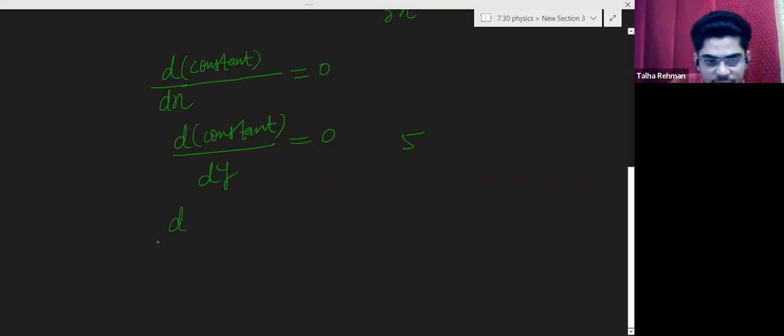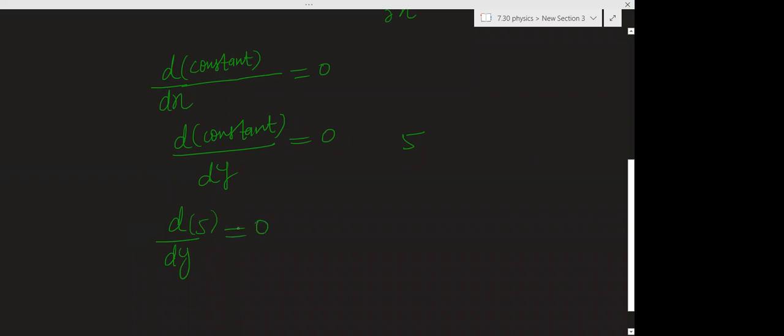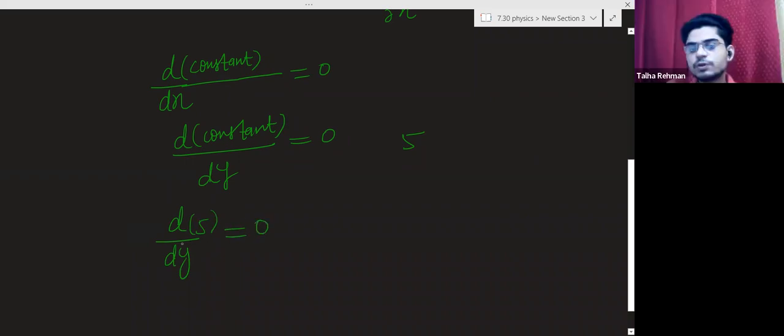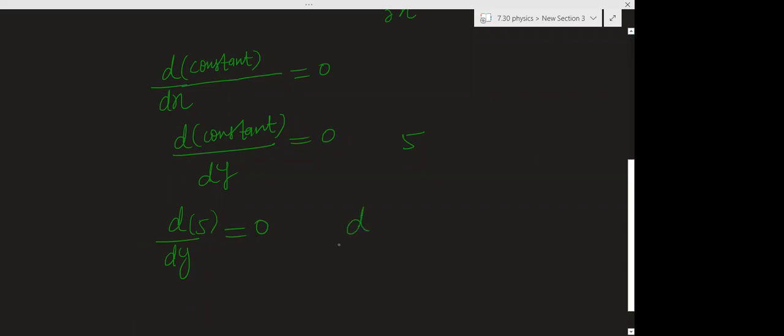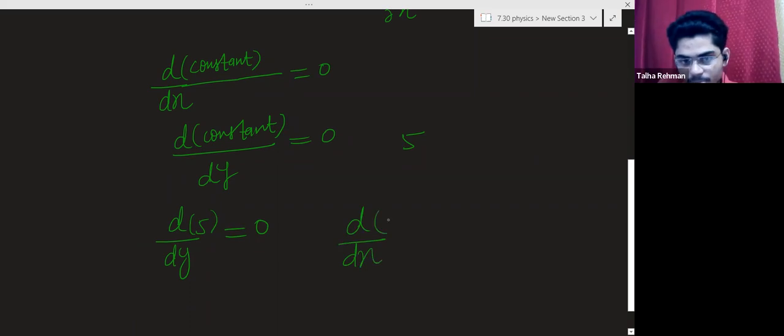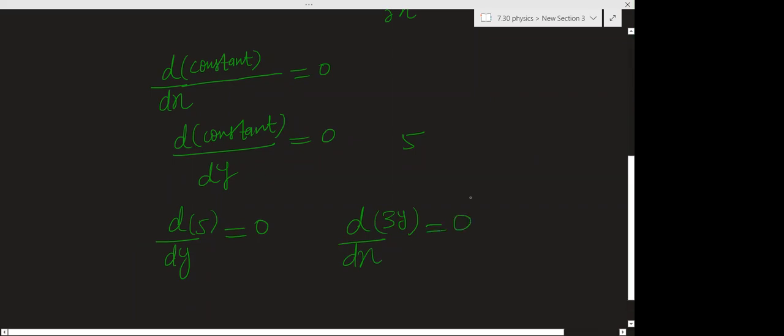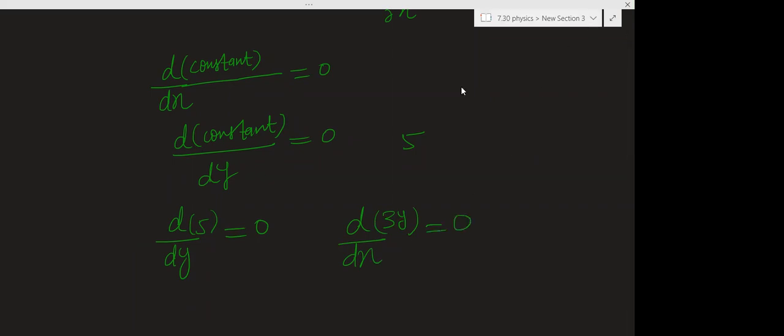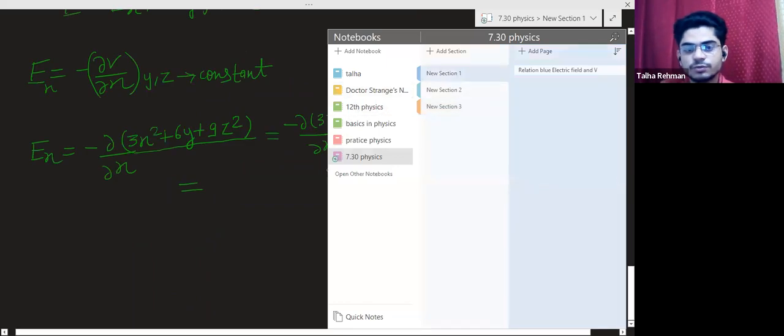Suppose I am saying find dy of 5. So what is the value? 0, because 5 is constant. Suppose I am saying dy dx of 3y, and this 3y is constant, so this will be 0 now. Differentiation of a constant is always 0.